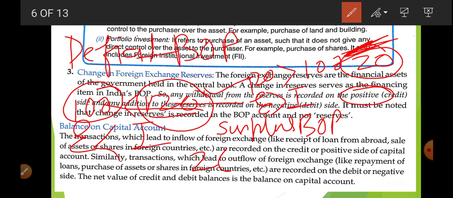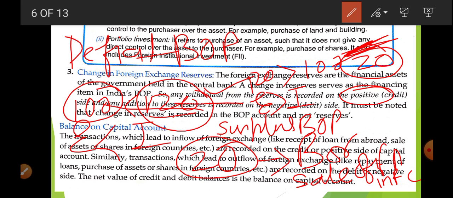So for this 20 we require borrowing, or we are going to sell our fixed assets in a foreign country. So in both cases there will be inflow of foreign currency.